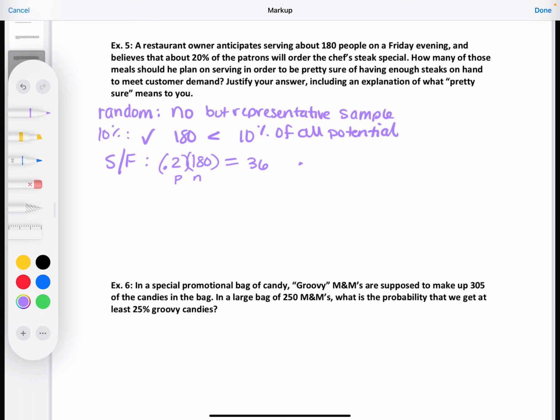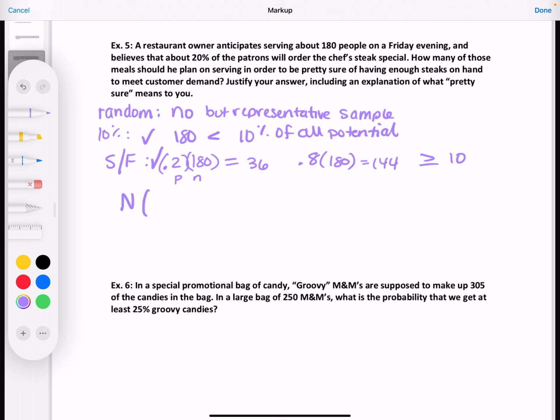And then 0.8 of 180. 144. Both of those are greater than or equal to 10. So success failure is met. Check. So that means I can use the normal model.